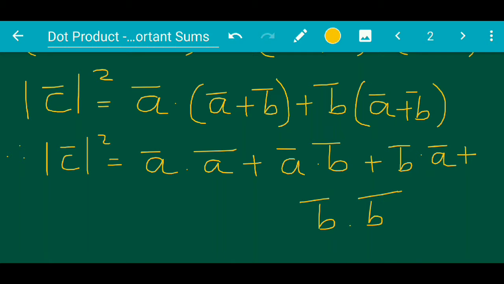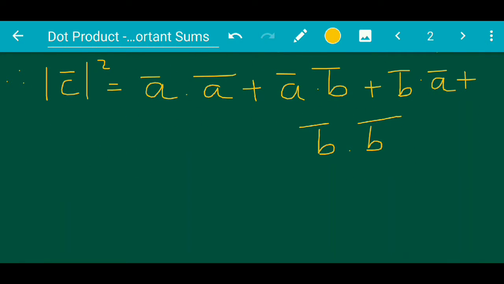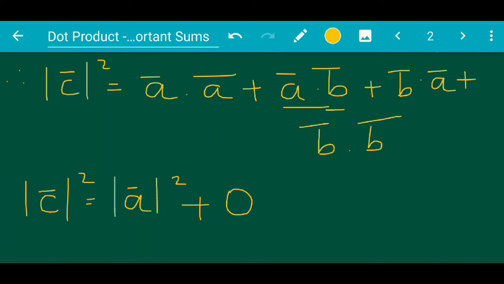Upon having written this, we can write the RHS. LHS is the same thing, mod C square is equal to mod A dot A becomes mod A square. Now A dot B is given as 0 in our question. So B dot A is also 0. So we get mod A square plus 0, because A dot B is 0, and same way B dot A is also 0. So 0 plus 0 plus mod B square.